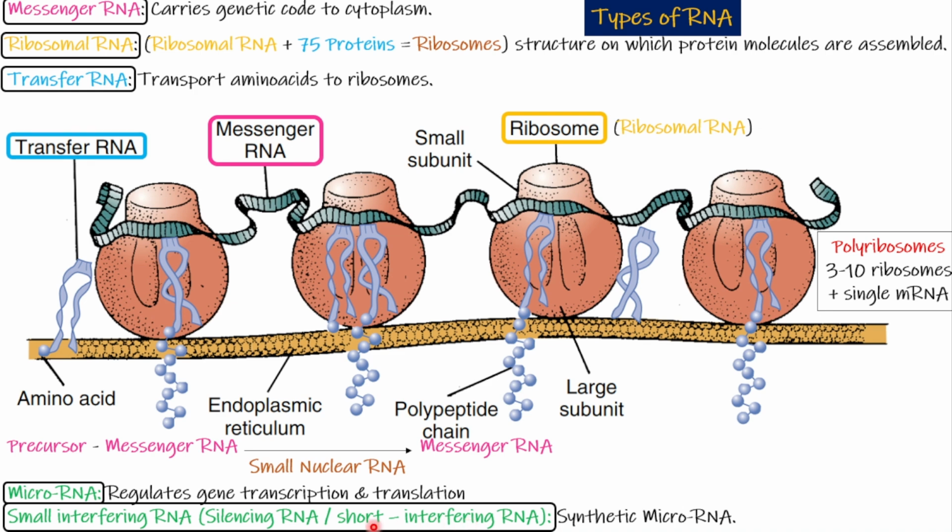This RNA interferes with the process of translation, so that translation happens in a controlled mechanism. The amount of protein formed should be controlled. So microRNA regulates gene transcription, and its synthetic forms, known as short interfering RNA, small interfering RNA or silencing RNA, all regulate gene transcription and translation, but these are the synthetic forms.